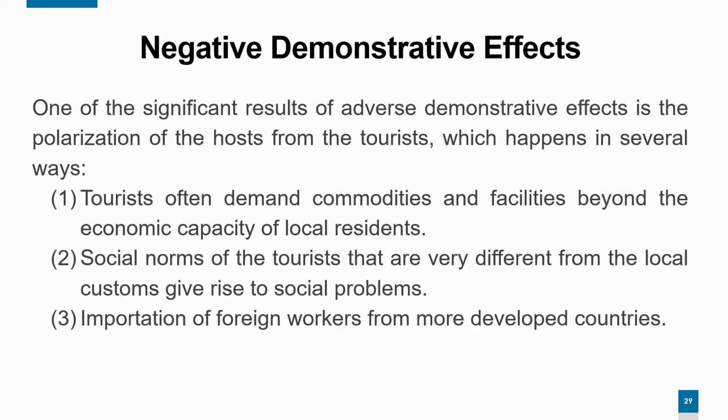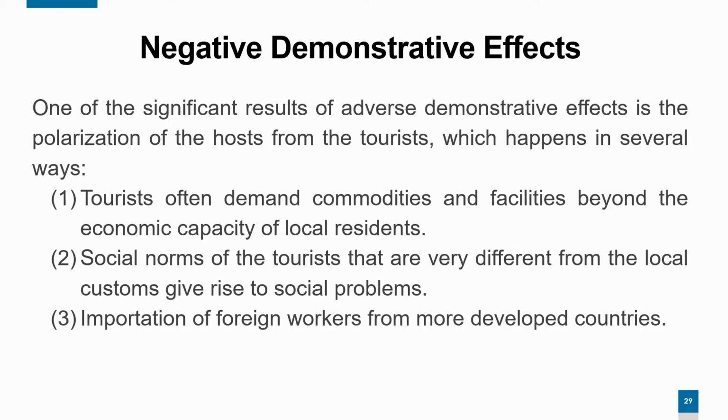Next is the negative demonstrative effects. So, negative demonstrative effects consist of tourist behaviors which can be considered socially and economically inappropriate. One of the major results of negative demonstrative effects is the polarization of the hosts from the tourists, which happens in a number of ways.